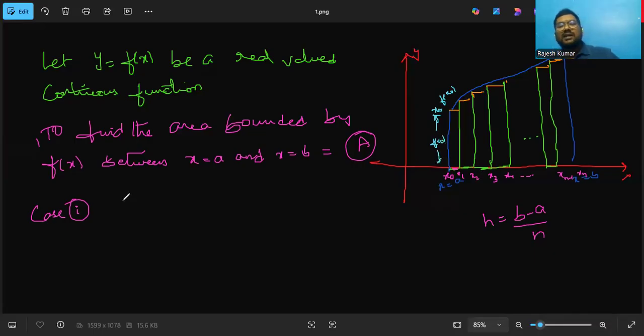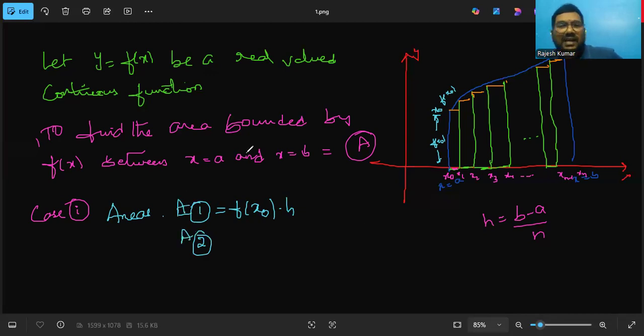So when I'm calculating the areas, the first area is equal to f of x naught into h, and the second area, I can say a1, a2. When I'm talking about the second area, you can see on my screen, this is the second area.